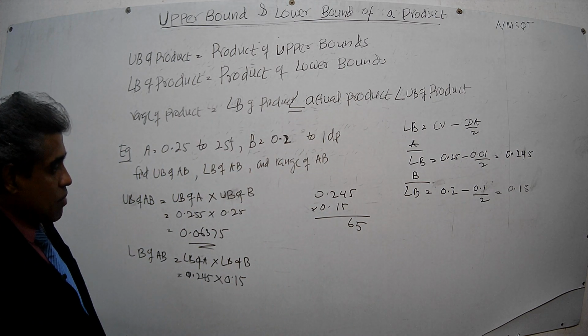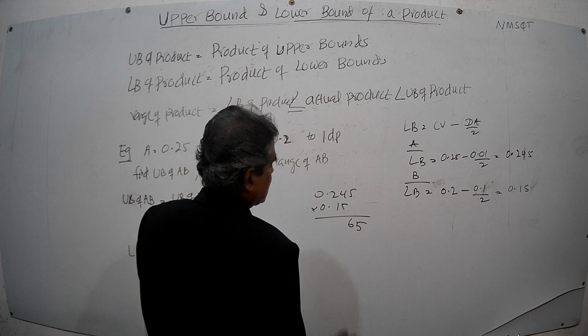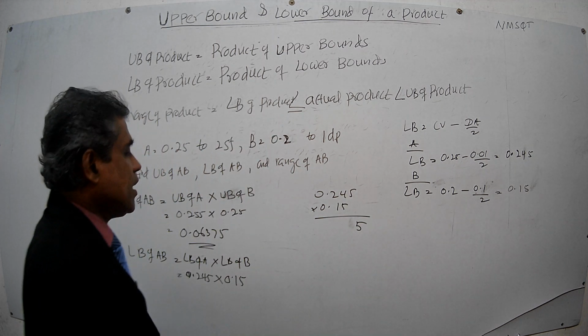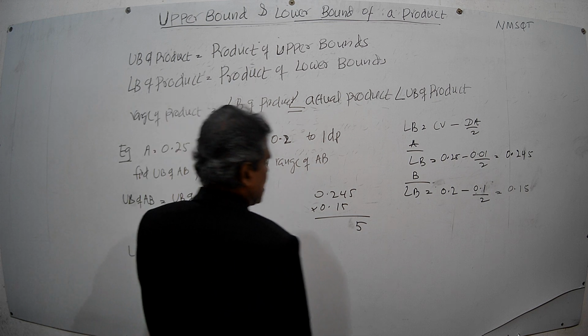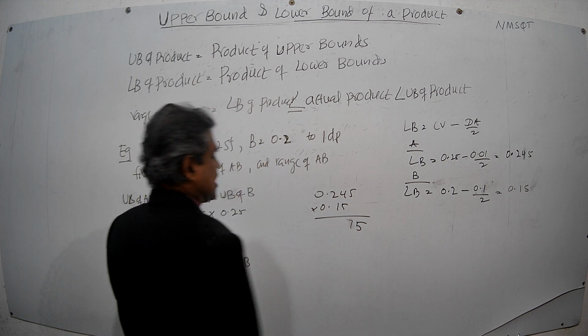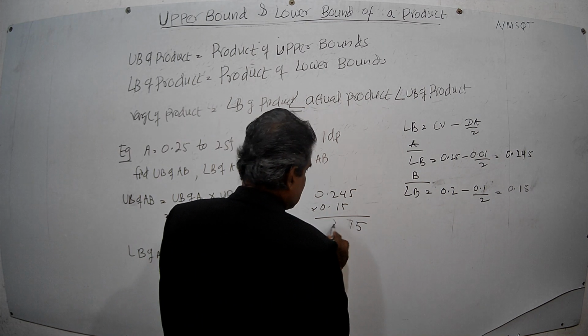Then 15 times 2 is 30, 30 plus 6 is 36. Then 15 times 5 is 75, 7 is left, 15 times 4 is 60, 60 plus 7 is 67. Then 6 is left, 15 times 2 is 30, 30 plus 6 is 36.